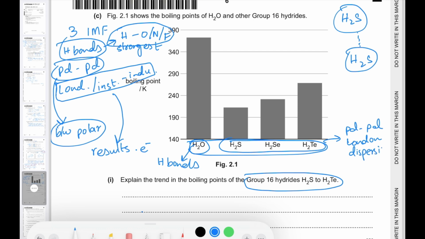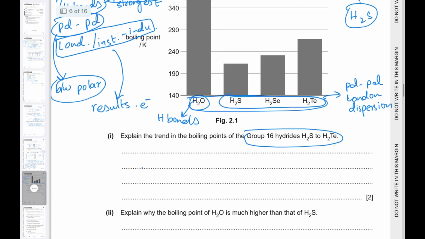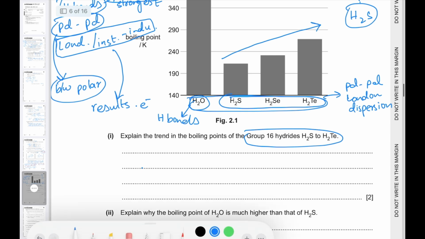You're supposed to explain the trend in boiling points from sulfur hydride to tellurium hydride, and as you can see there is an increase in the boiling point. Remember how I said the strength of London dispersion forces depends on the number of electrons found in the molecule of a particular compound. As the number of electrons increases, their strength also increases.